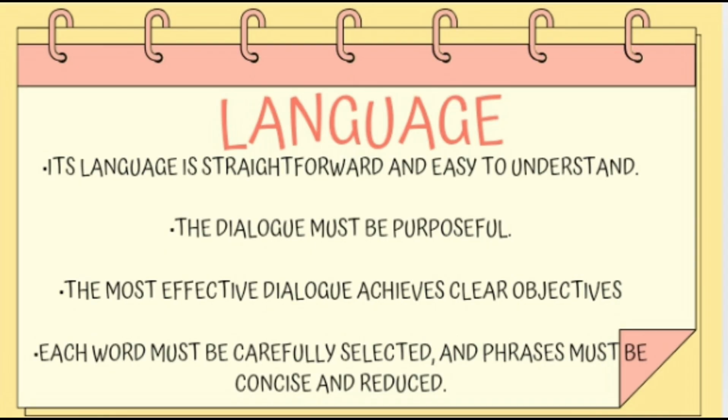Since the play is short, every line of the dialogue must have a purpose. The dialogue is what the character says, and it should be easy to understand and straightforward, so the audience can follow the story easily. And each line must be purposeful, meaning it should help develop the plot, reveal the character, or express theme.